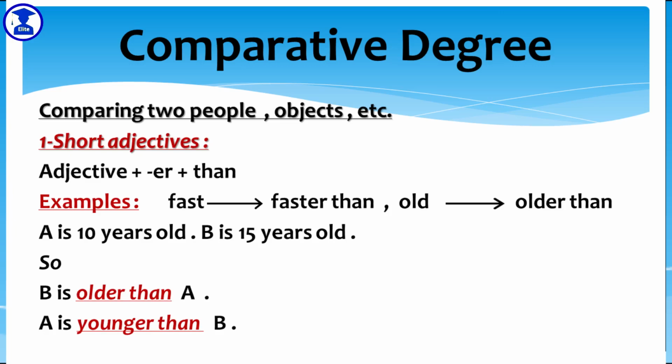Old, older than. Another example, suppose that A is 10 years old and B is 15 years old. How can we say it using comparative degree? B is older than A, while A is younger than B.